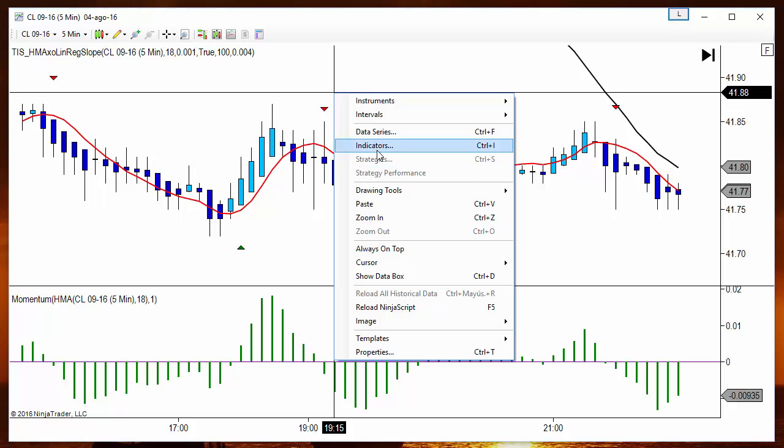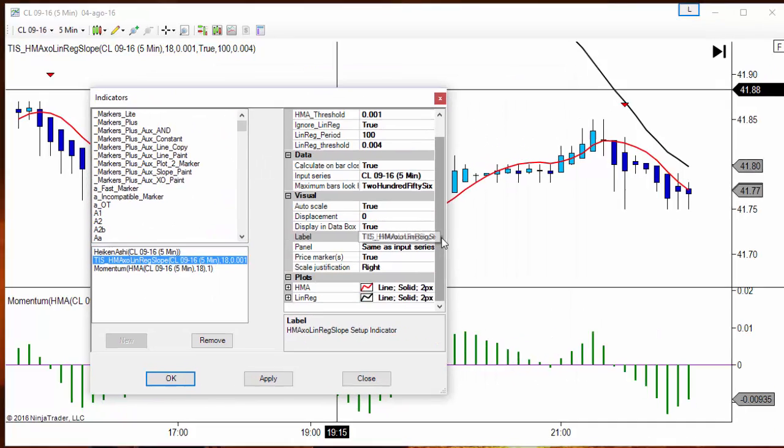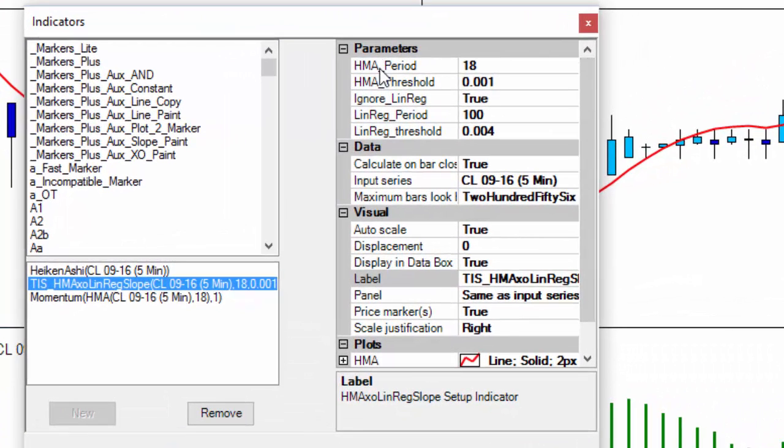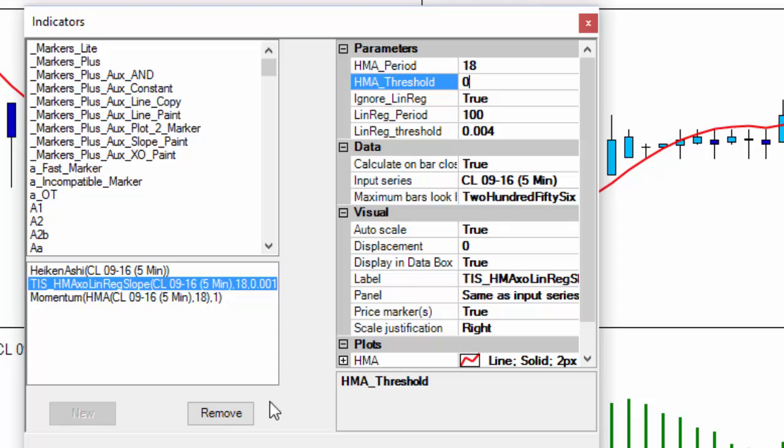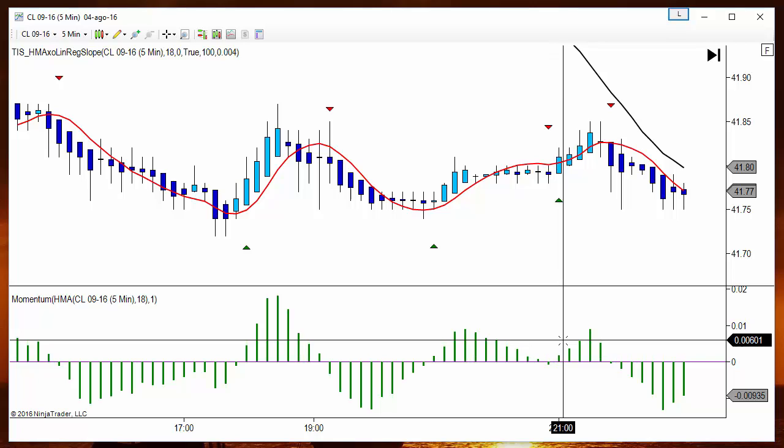Here we are using a threshold, and the threshold is set to 0.001. This is because the previous signal was not painted. If we set a threshold of 0, then we get all the signals, even this one with so low a level.